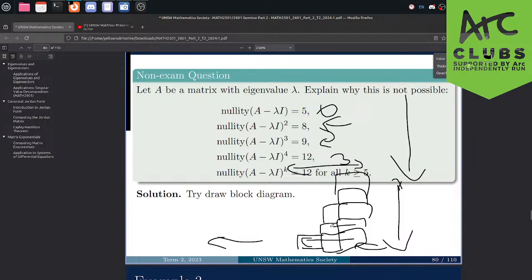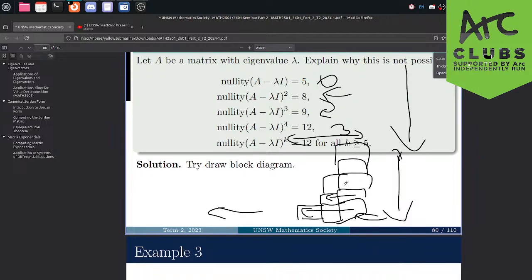They start from the space of your eigenvectors, and they jump up as you take a vector, apply A minus lambda I, and then go backwards. So this is one such Jordan chain, v1, v2, v3, and here's another one, another one, another one.